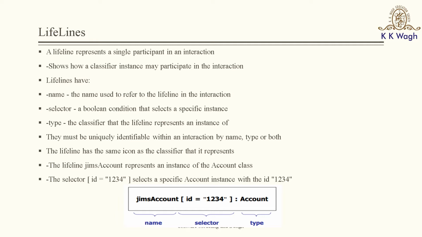Now the first part of sequence diagram, that is lifeline. So what is lifeline? As we have already discussed, a lifeline is a participant, or we can say candidate, in a sequence diagram. The syntax of lifeline is shown here. This is one example. Here you can see a rectangular box.